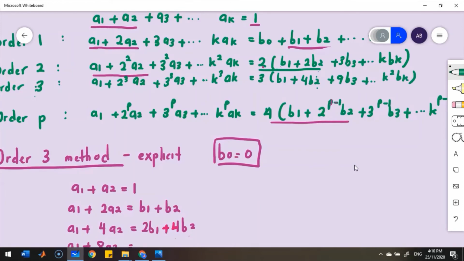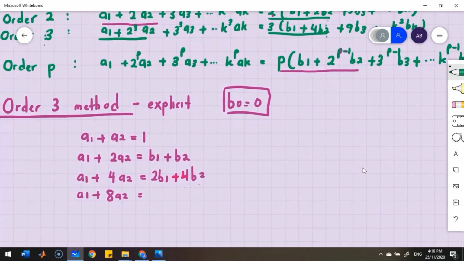So this one is not 4. You can see the number is k. Start with 1, 2, 3, and then 4, up to p here. So for order 3 I have this, and there you go.